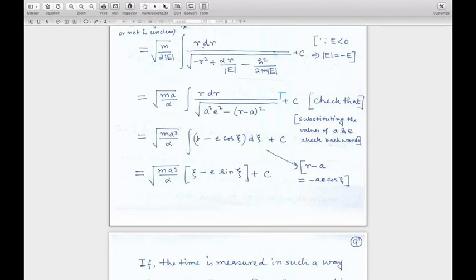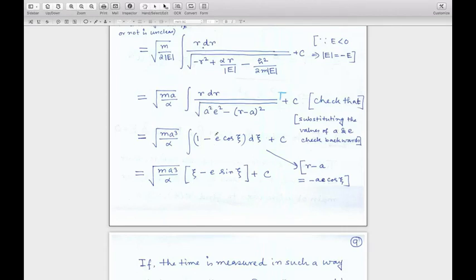Then you can write the whole thing as root over m a cube by alpha integration 1 minus e cos xi d xi plus the same constant of integration. I will give you that as a small tutorial problem as well, to come from here to here and then from here to here.